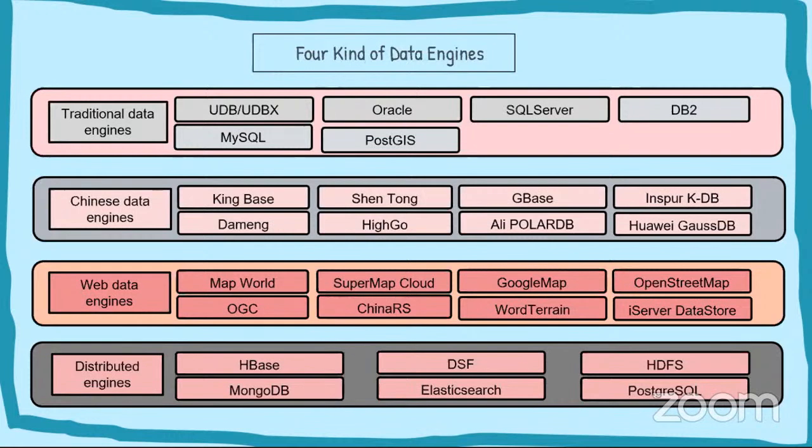WMS, Web Map Service, is the standard of a raster map, while WCS is the Web Coverage Service, which is the standard of the image layer.